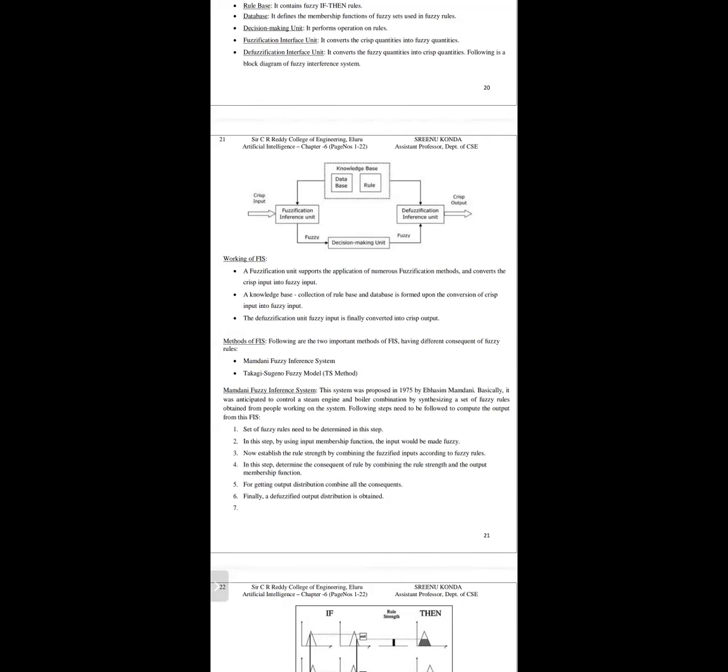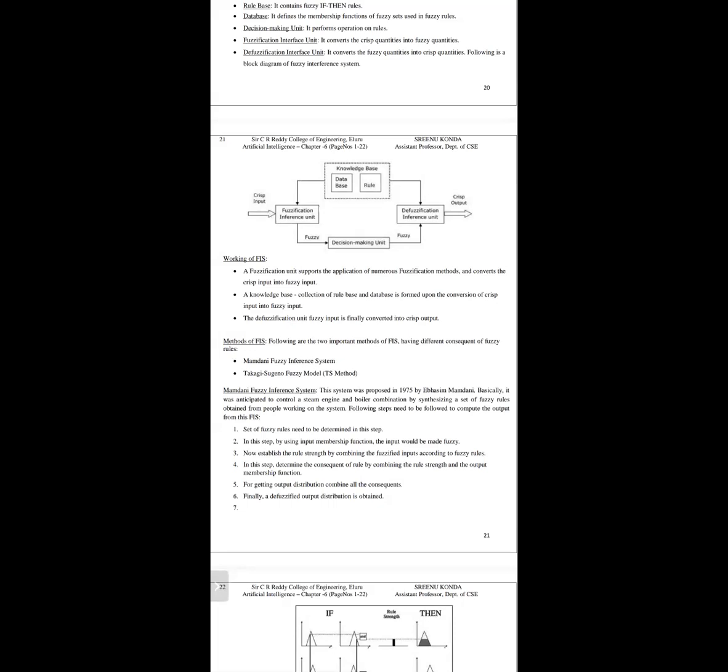So this particular inference system is used to control a steam engine and boiler combination by synthesizing a set of fuzzy rules obtained from people working on the system. In the previous days, that particular thing was done by the people only.